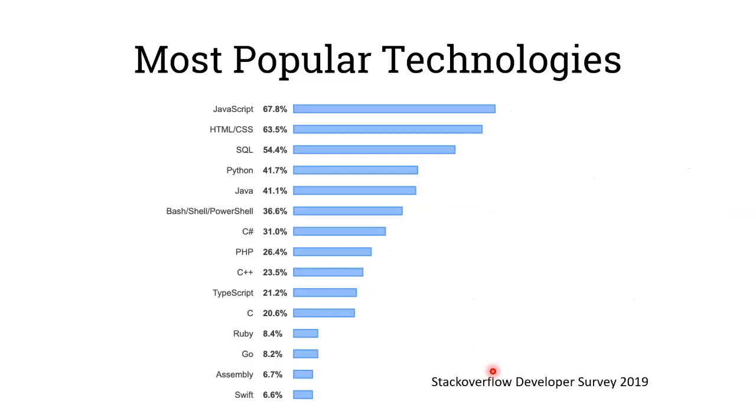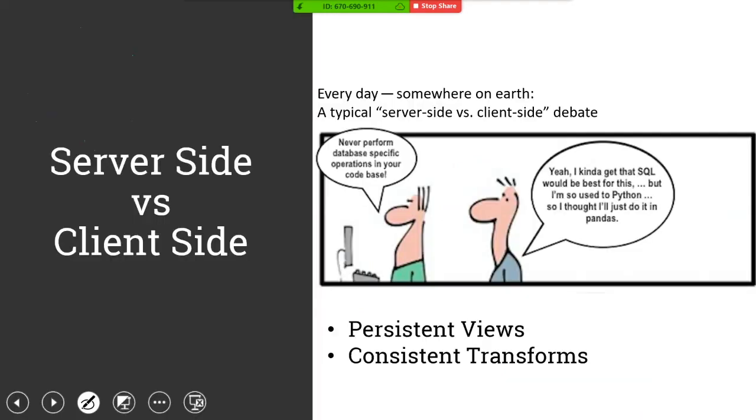It is one of the most popular technologies that exist today. I got this chart from the StackOverflow Developer Survey 2019. As you see, after JavaScript and HTML, SQL is the third most popular technology that people use. So it is even above Python. The same thing that you could do in SQL, you could do in Pandas as well.